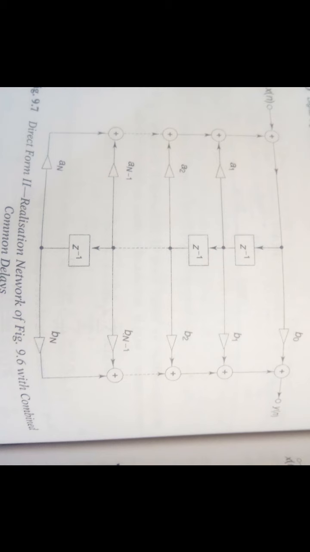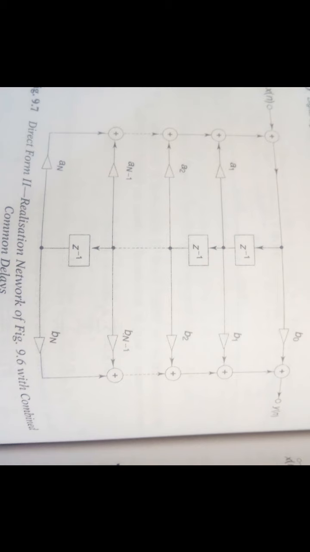So as the order of the filter increases, it becomes worse and worse. The sensitivity may change the coefficient values, and hence the frequency response can cause the filter to become unstable. For this purpose, we can use the cascade and parallel realizations that we will see later on.